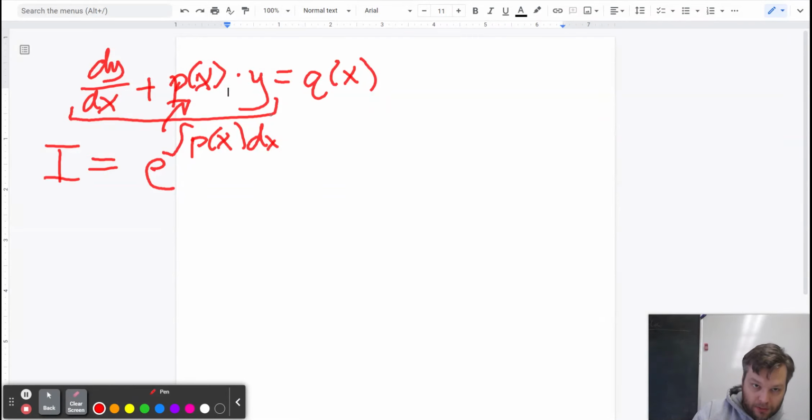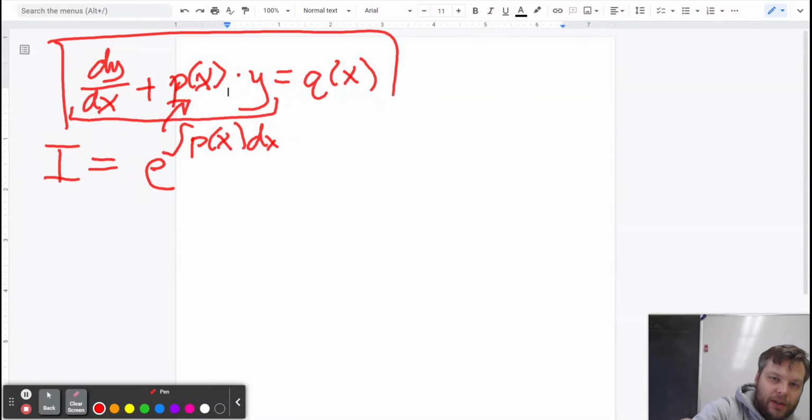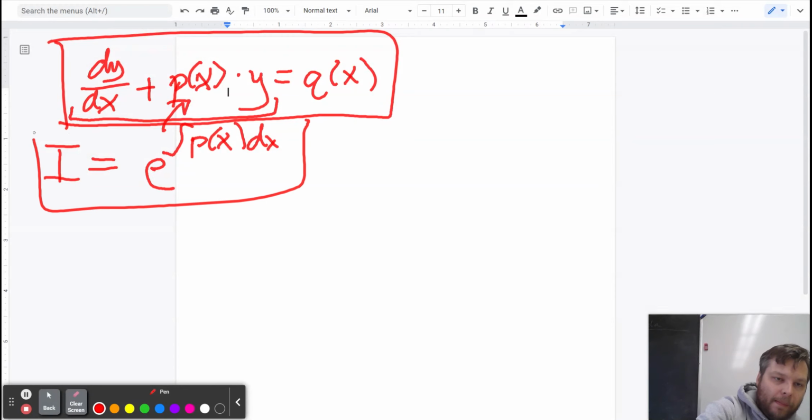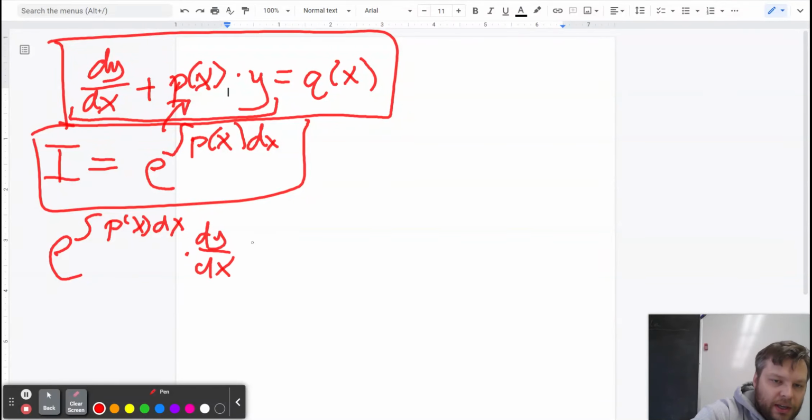Okay, so watch what happens if I take my original differential equation here and multiply everything by e to the integral of p of x dx. Now I get e to the integral of p of x dx times dy/dx. So I'm distributing it out.